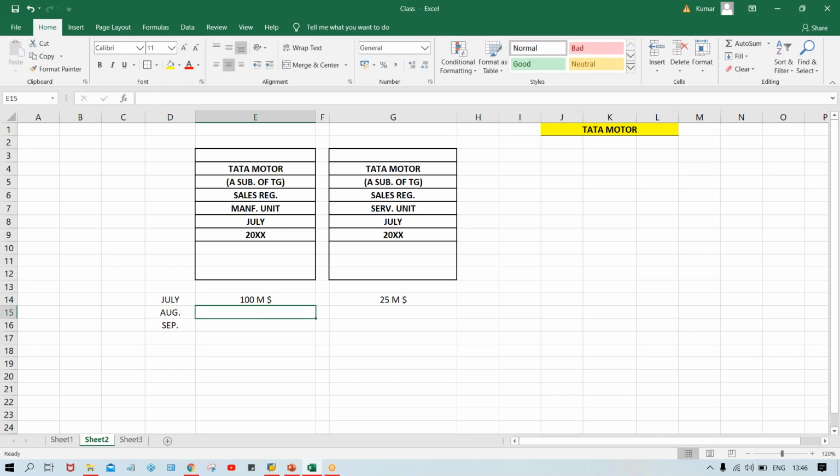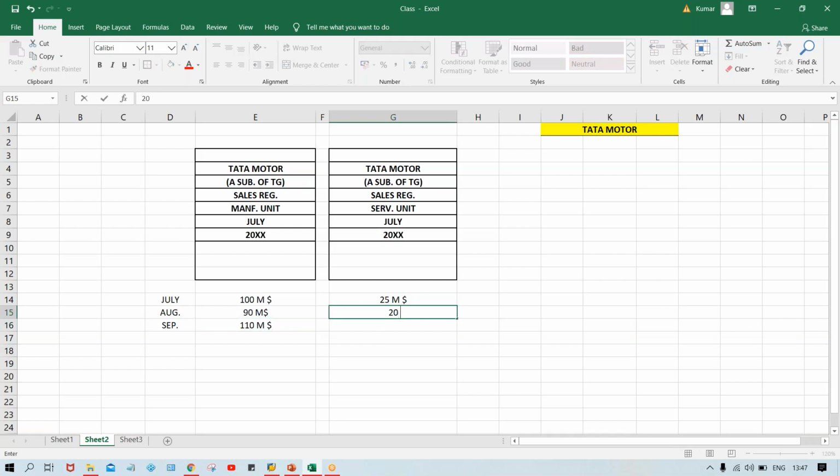Here there is a revenue, right? From this one it is, let's suppose, 20 million, and here again 30 million dollars, isn't it?